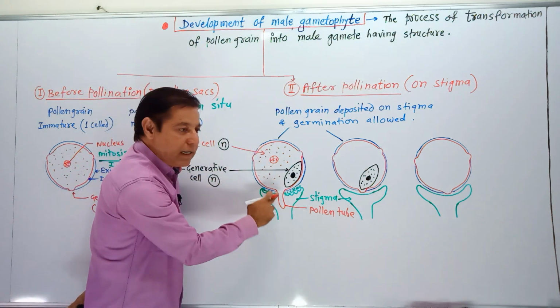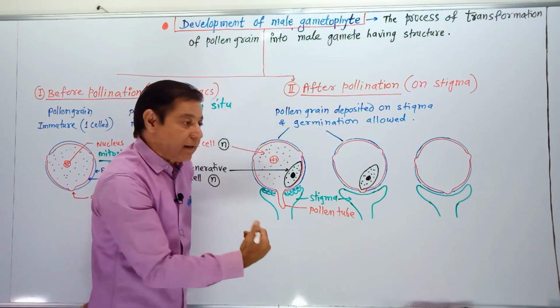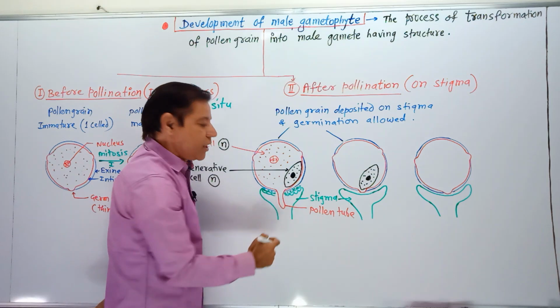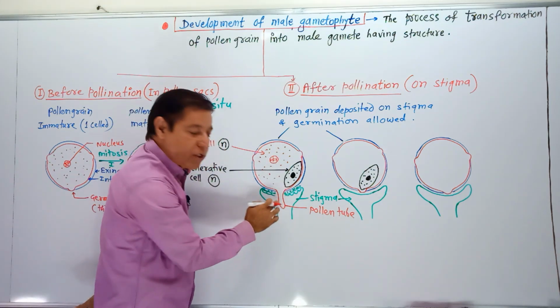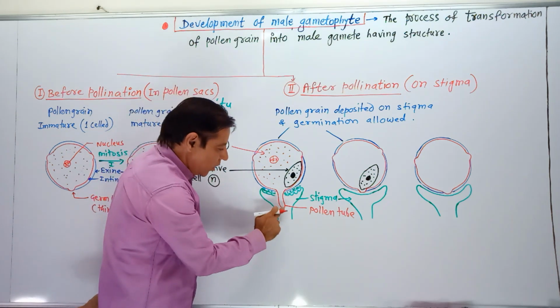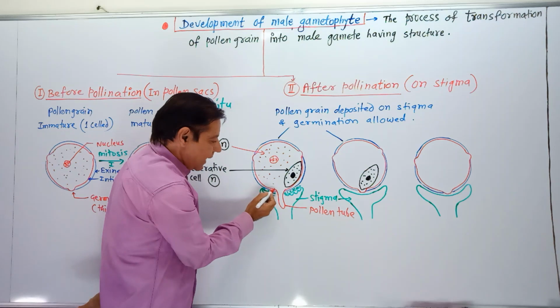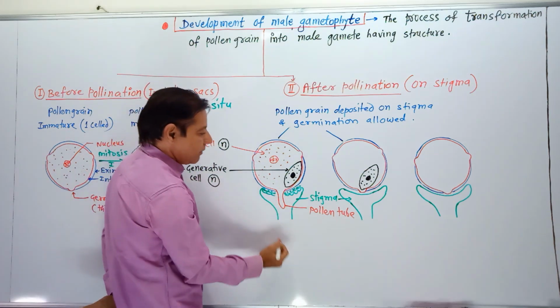Whenever a proper pollen grain is deposited over the stigma, the stigma cells recognize whether it is proper or not, and then the response is given so that the pollen grain's germination occurs. Here the pollen tube emerges because it is made up of the intine, which is a flexible, distensible layer.